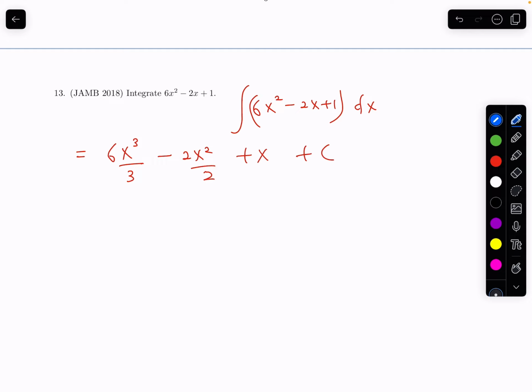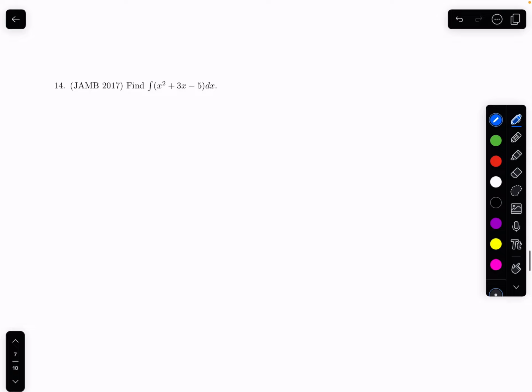If you simplify that further, it's just going to be 2x cubed minus x squared plus x plus c, and that's it for that. Okay, problem number 14, just the same thing, just apply the power rule for integration. It's going to be x cubed, you add 1 to the power, plus 3x squared over 2 minus 5x plus c, and that's going to be it.